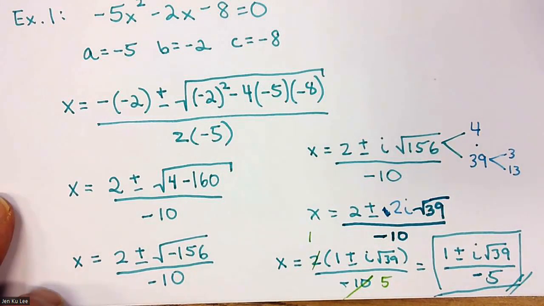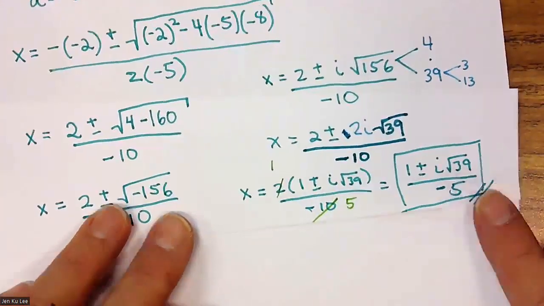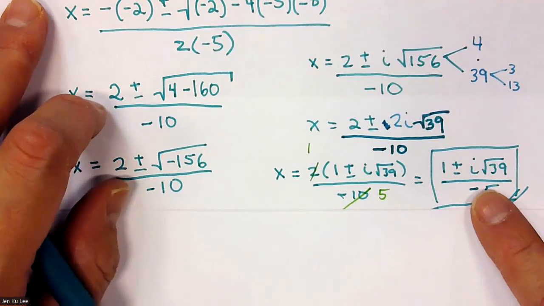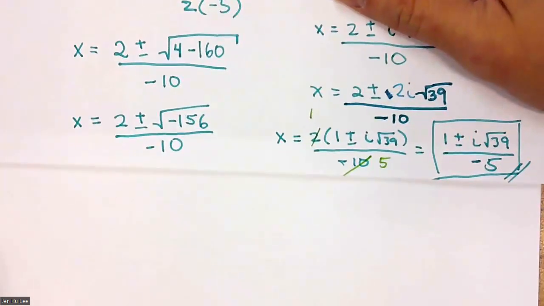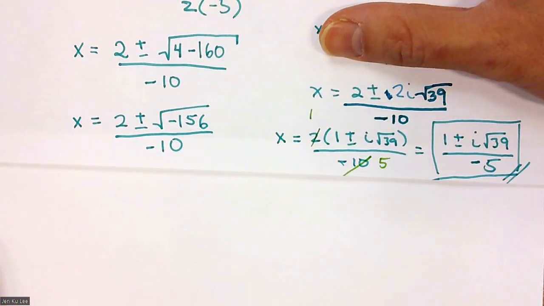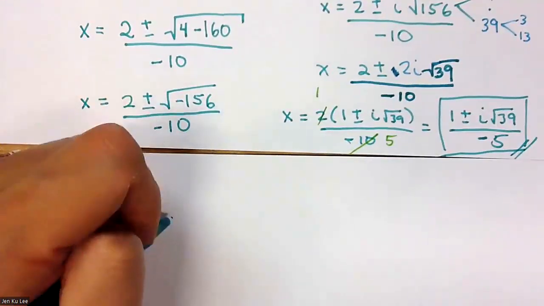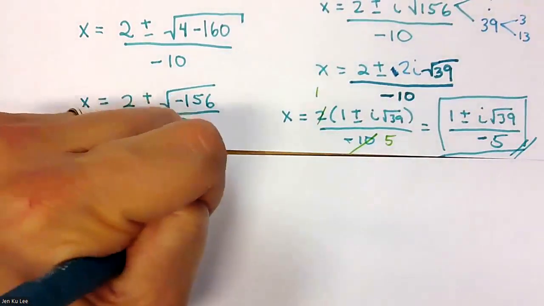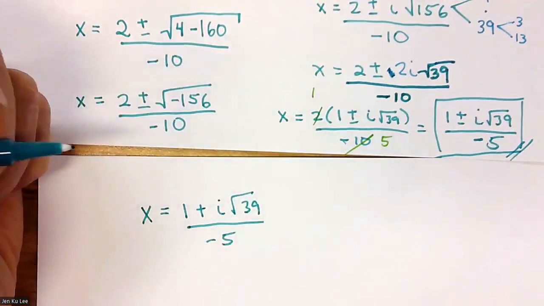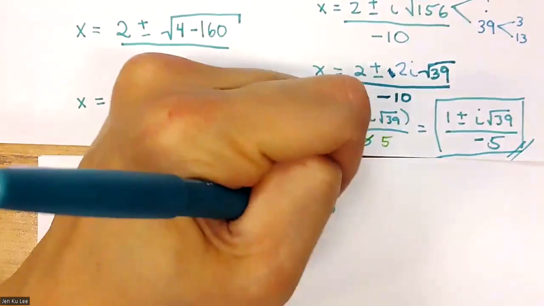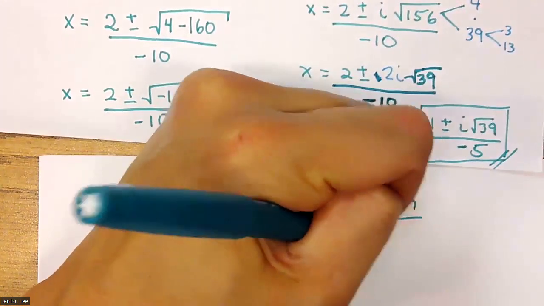And now since I have an imaginary number, I must check it. I'm going to have to check it to see if it works. So my two solutions here are that x equals 1 plus i square root of 39 over negative 5 and 1 minus i square root of 39 over negative 5, correct?